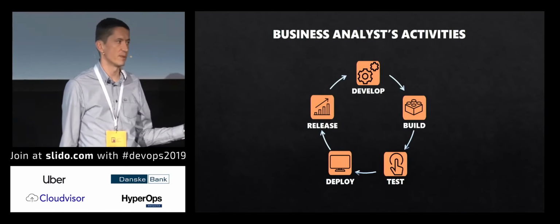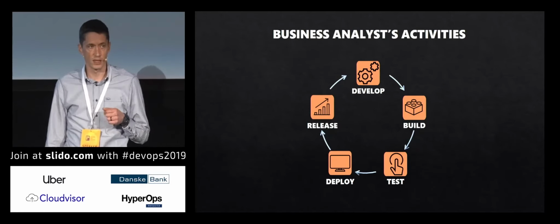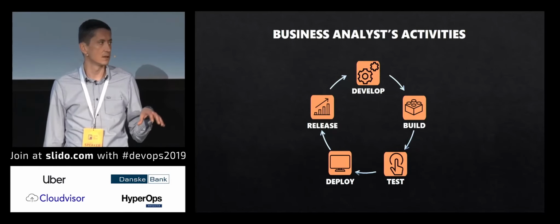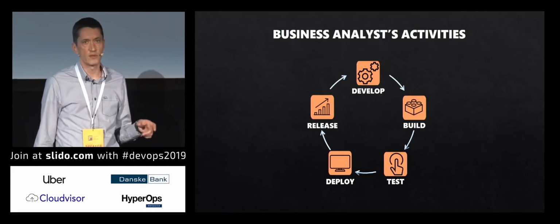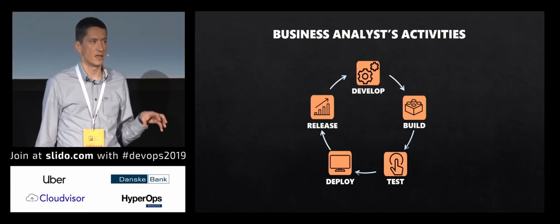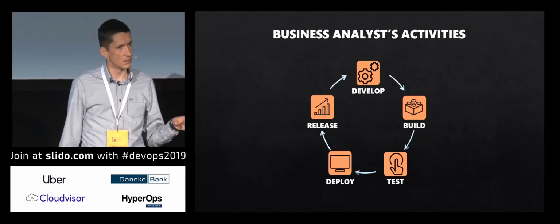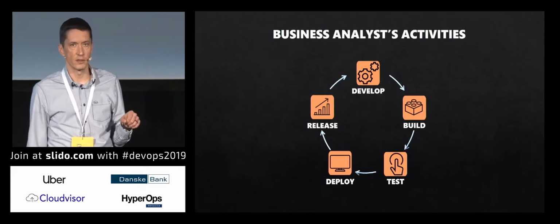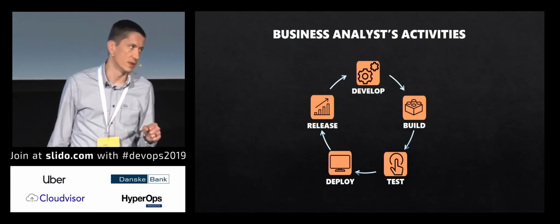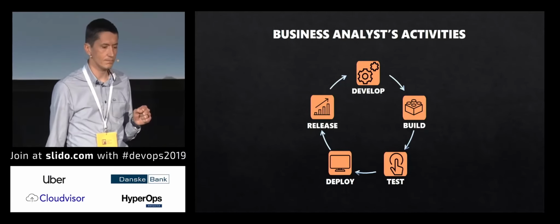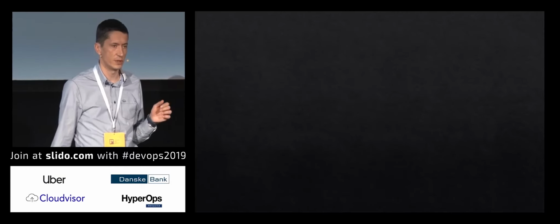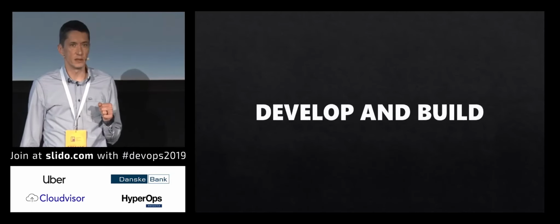Actually, that's my perspective for this drawing, and I'll get into that by giving you some examples per each phase, which business analysis activities can be performed, following the directions of a business analysis body of knowledge. Okay, so let's start with develop and build.